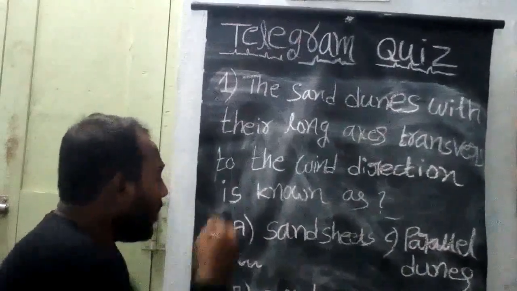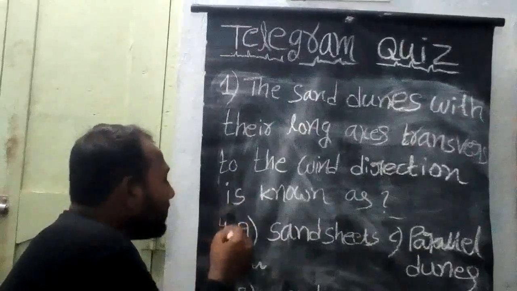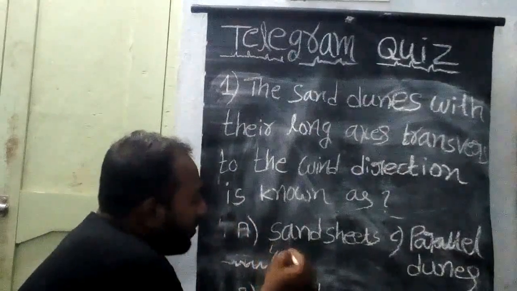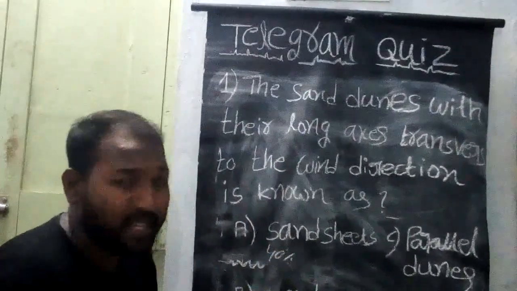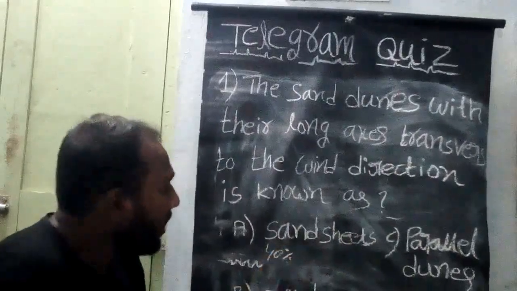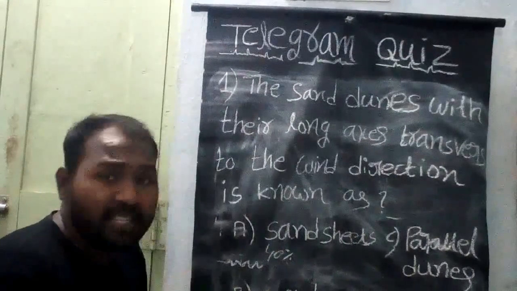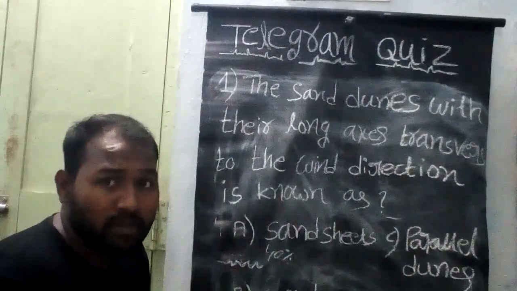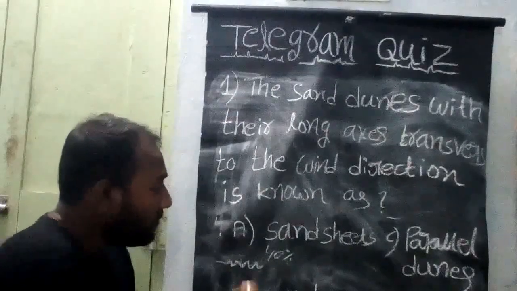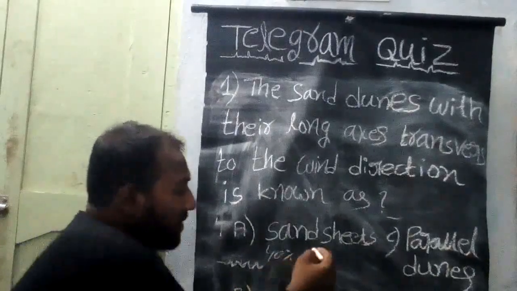They form about 40% of aeolian deposition areas, and they need a large grain size and low wind velocity.